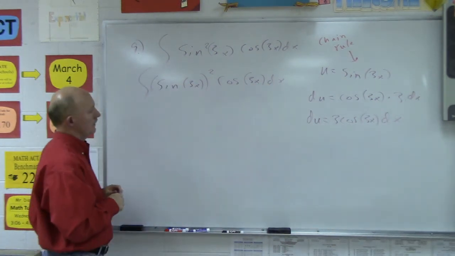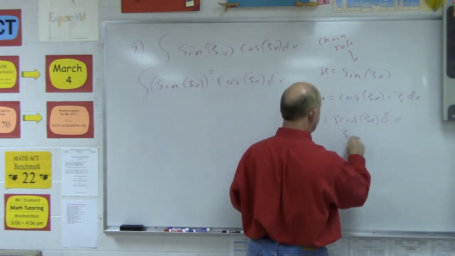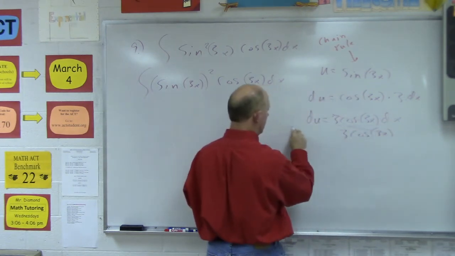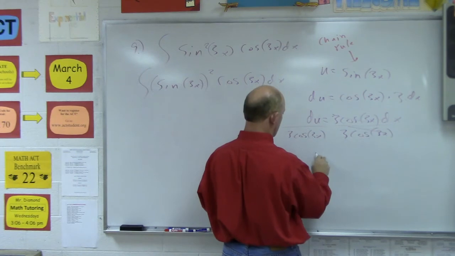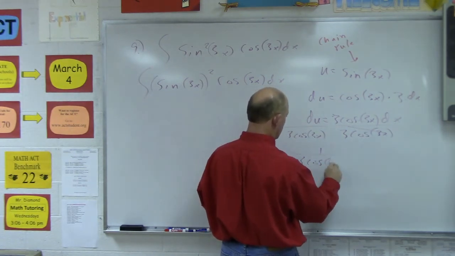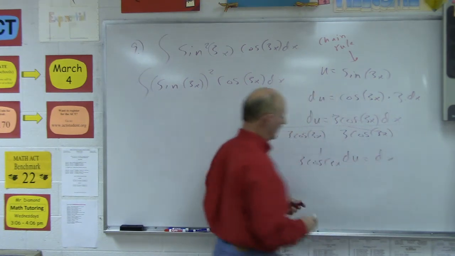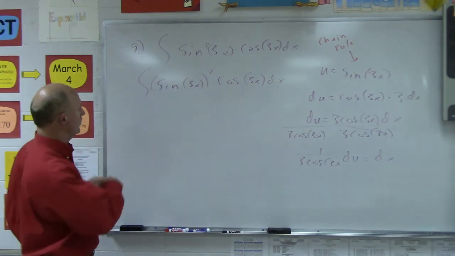Now I'm going to divide both sides here by 3 cosine 3x, and we have 1 over 3 cosine 3x du equals dx. All right, so we're ready to rewrite this integral in terms of u.